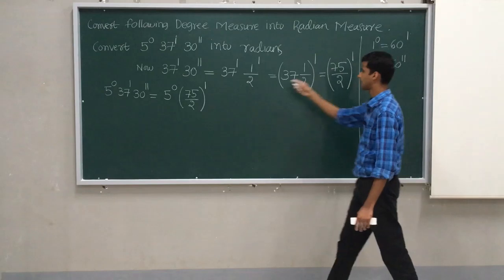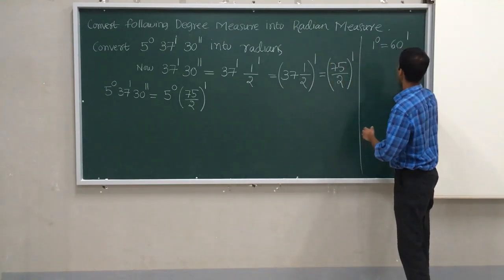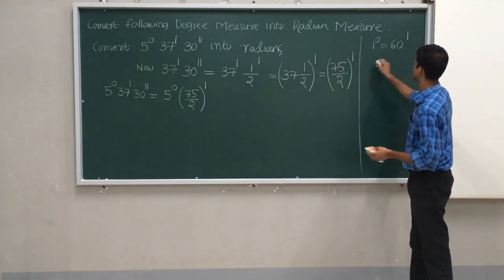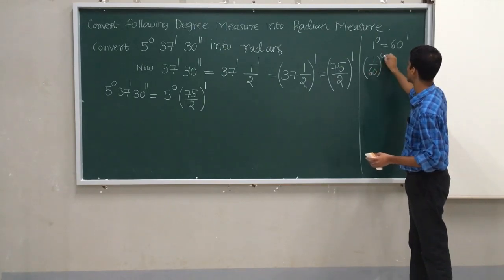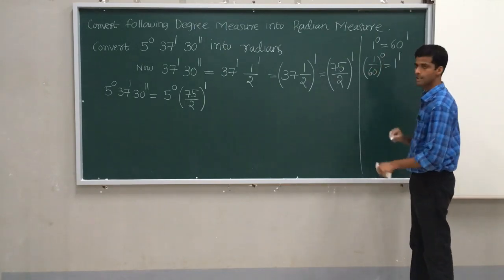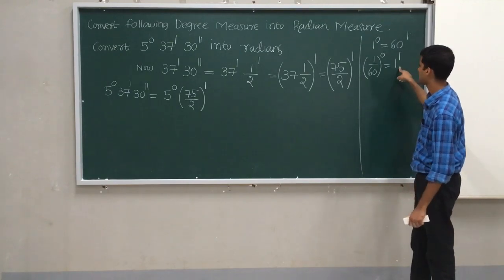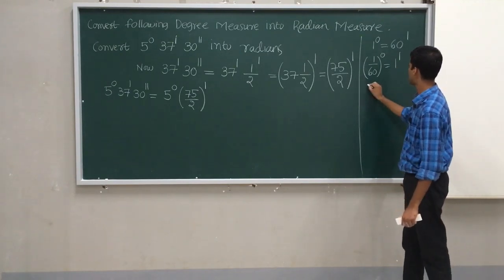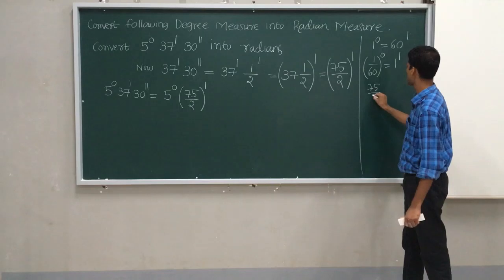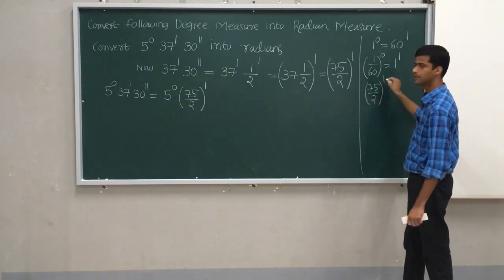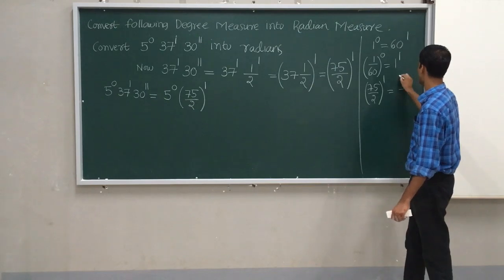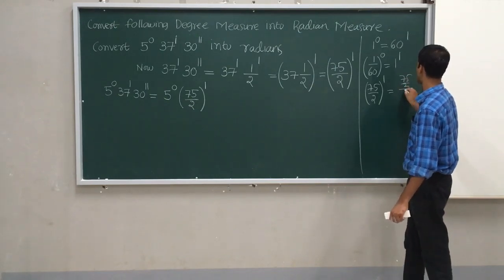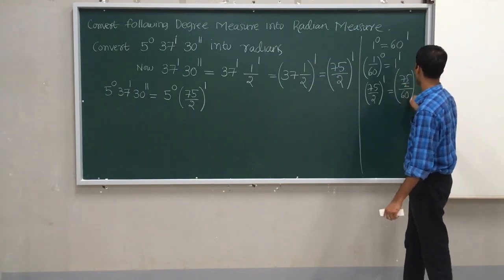But I don't want the second calculation here. 1 degree is 60 minutes means 1/60th of a degree is 1 minute. Therefore, to get 75 by 2 minutes, I will write 75 by 2 minutes is equal to 75 by 2 divided by 60 degree.